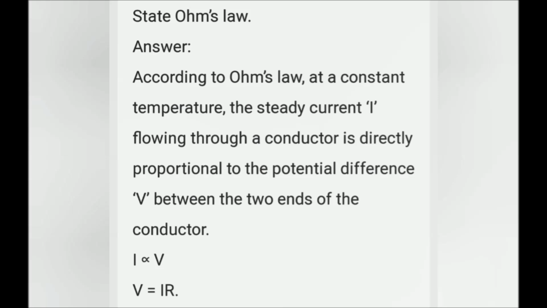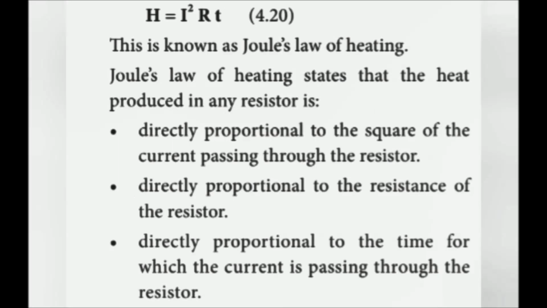That is, I is directly proportional to V. Hence, I by V equals constant. The value of this proportionality constant is found to be 1 by R. Therefore, I equals 1 by R into V. Therefore, V equals IR.